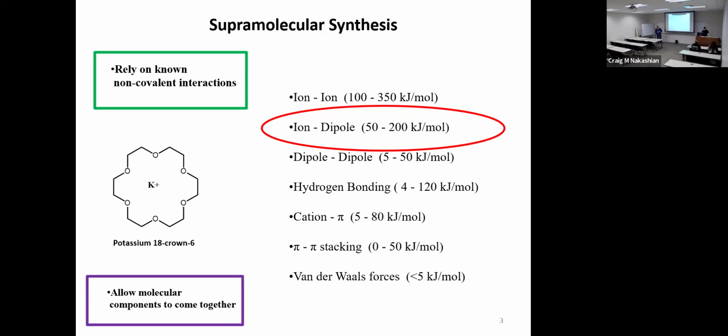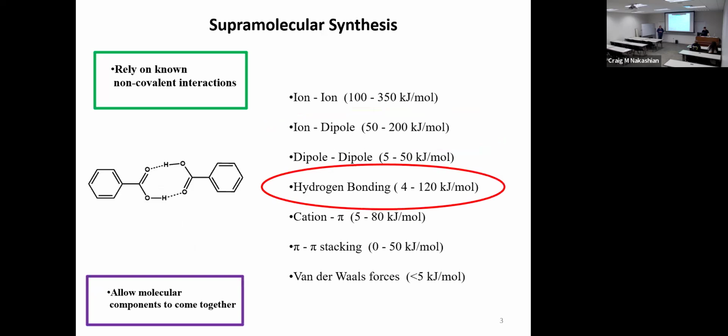Okay? And our second one that we are going to emphasize, based on our title, is hydrogen bonding. Out of the true intermolecular attractions that we have, it has one of the highest energies at the top end. So it has the potential to be very strong, but in some cases it can be pretty low.